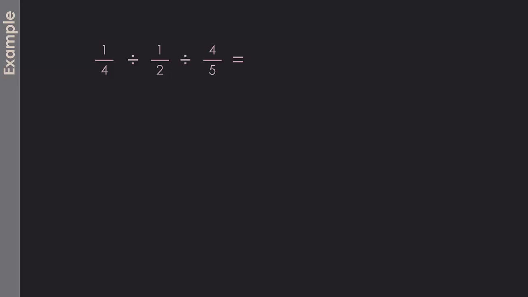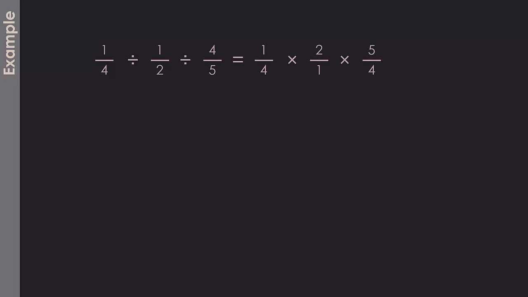So, we flip the second and the third fractions into their reciprocals, and then we change the division symbols into multiplication symbols. Remember, the first fraction stays the same. So 1/4 divided by 1/2 divided by 4/5 equals 1/4 times 2/1 times 5/4.